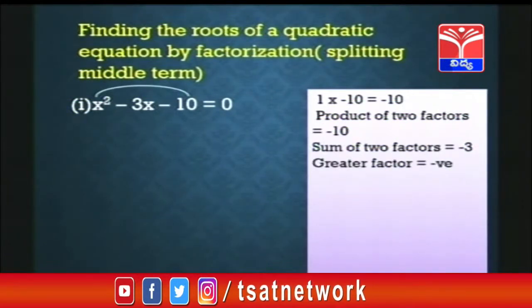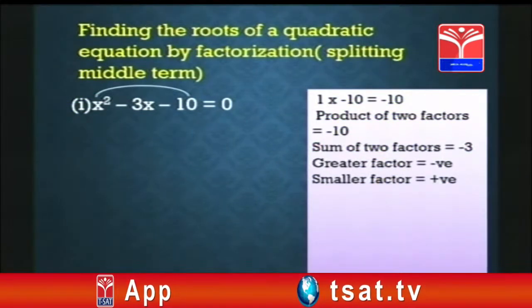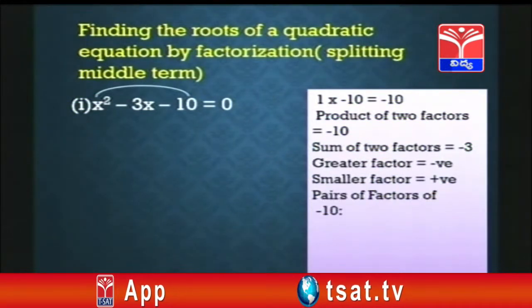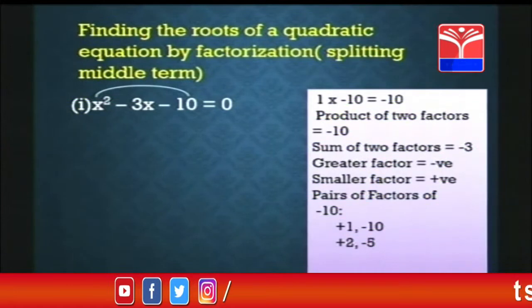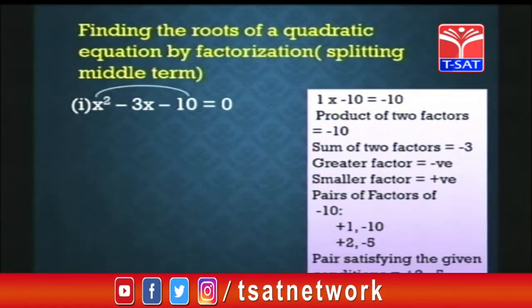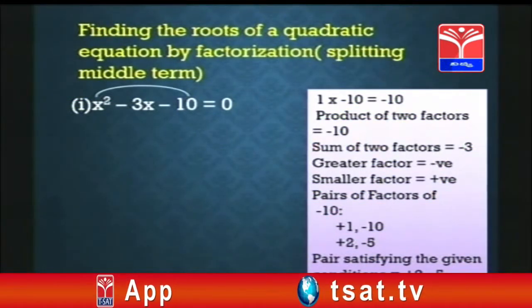So my greater factor should be negative and smaller factor should be positive. Now let's see what are the pairs of factors of minus 10. Plus 1 and minus 10 or plus 2 and minus 5 satisfies the given condition. So pair satisfying the given condition is plus 2 and minus 5.